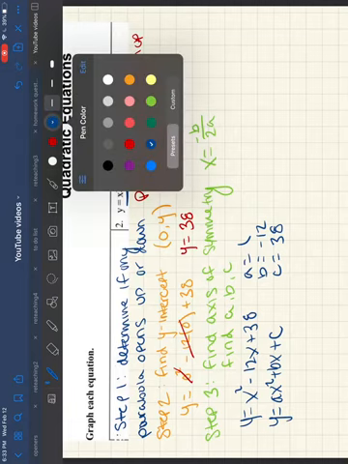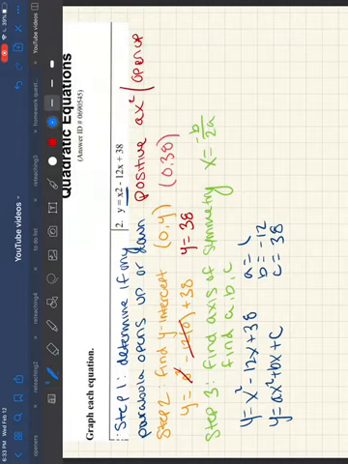Okay, so I'll plug my information in. I get x equals negative 12 over 2 times 1. So I put that negative there because the negative is a part of the axis of symmetry formula, and also my b is negative. So a negative times a negative is a positive.